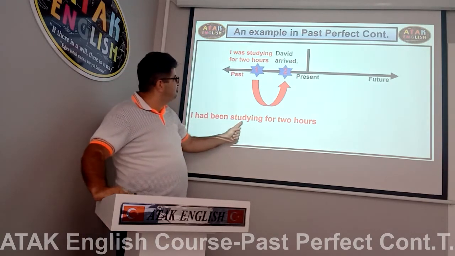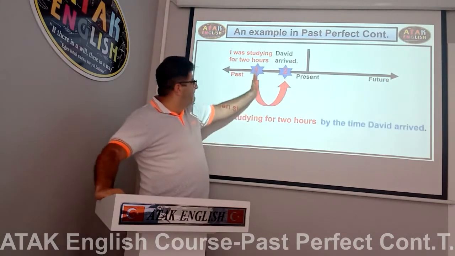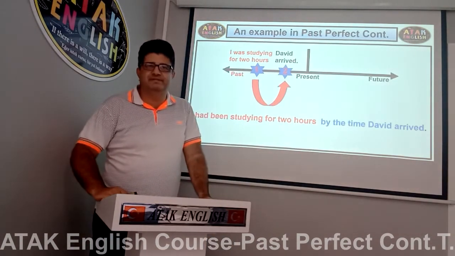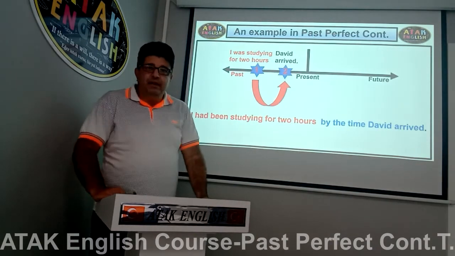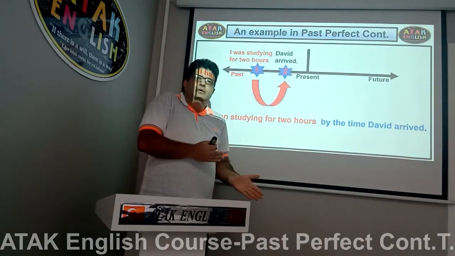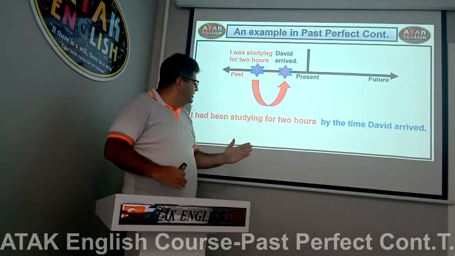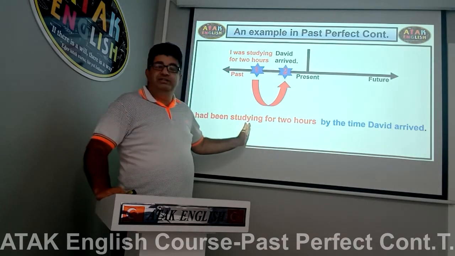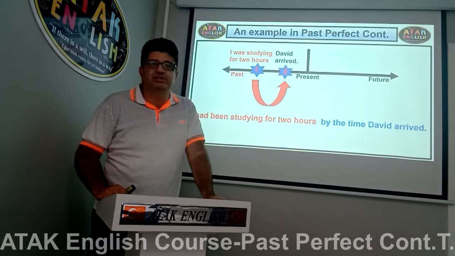I had been studying for 2 hours by the time David arrived. That's what happens. When we combine two actions in the past, I need to know which one is before, which one is after. For the action which is before the other action, I need to know if I'm to emphasize the action, the result of an action, or the period of an action.